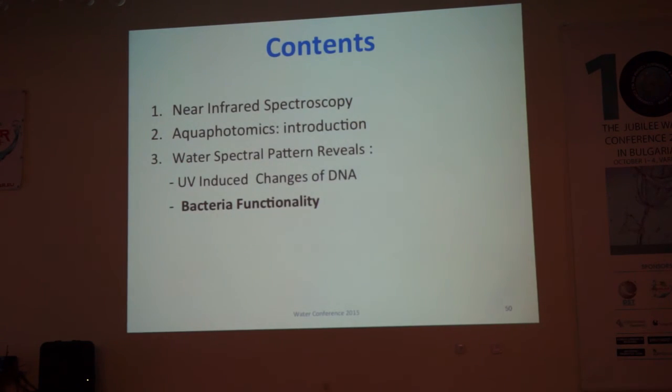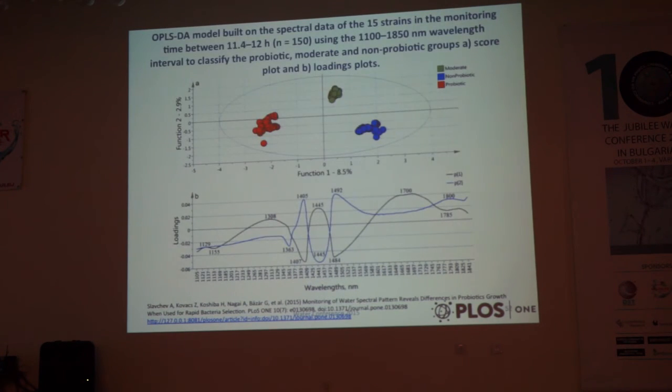Now, another paper was on bacterial functionality. I liked what Luke said this morning about probiotics and non-probiotics. We looked at non-probiotic bacteria in blue, moderate in green, and probiotic in red. When you have a new microorganism, you want to analyze whether it is a probiotic, whether it has strength of survival, etc. It takes months, even a year.